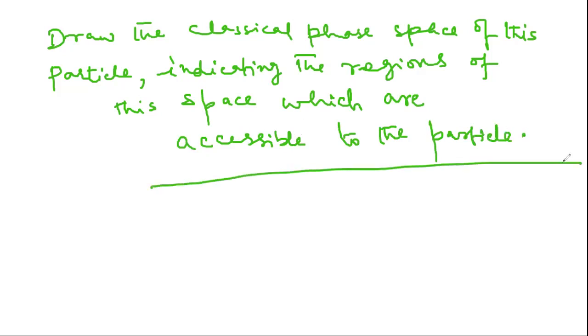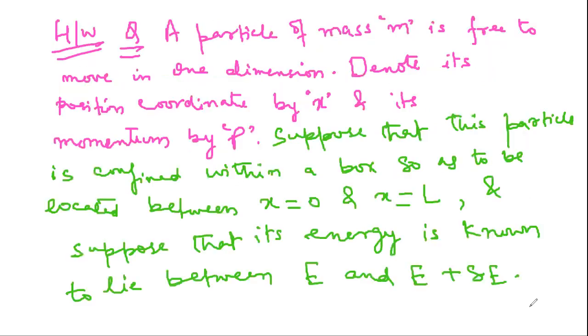This is the question. Let me repeat it and check it. A particle of mass m is free to move in one dimension. Denote its position coordinate by x and its momentum by p.